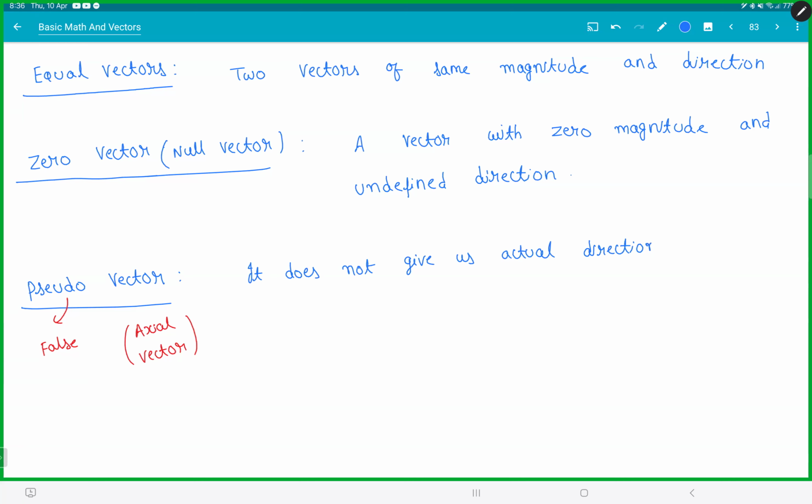So this we use especially for quantities where rotation is involved. Okay. And how do we calculate this? We use the right hand rule. We find direction by using the right hand thumb rule.